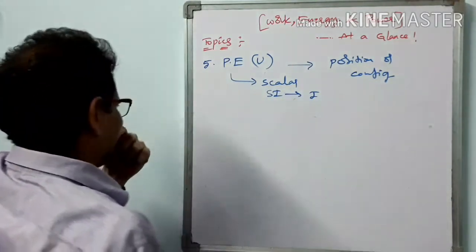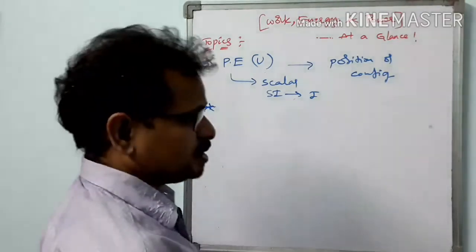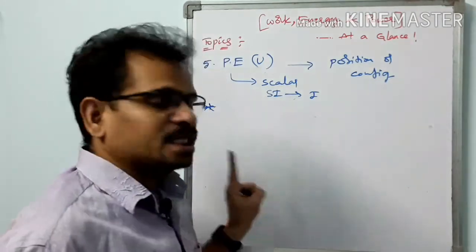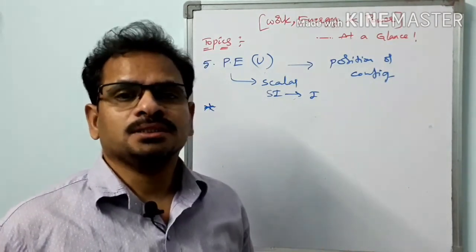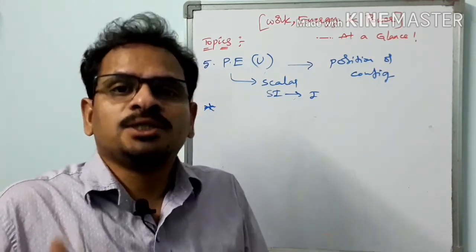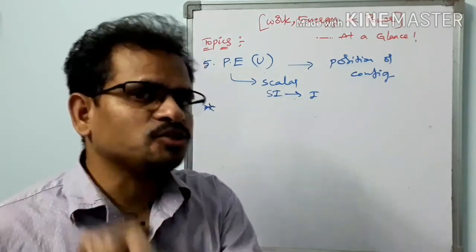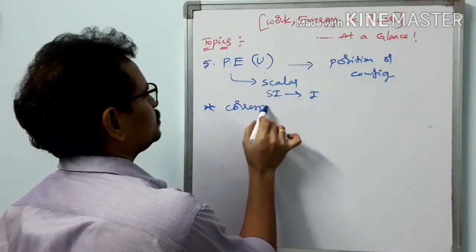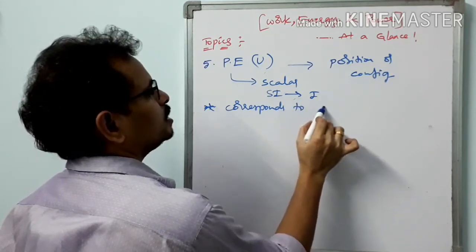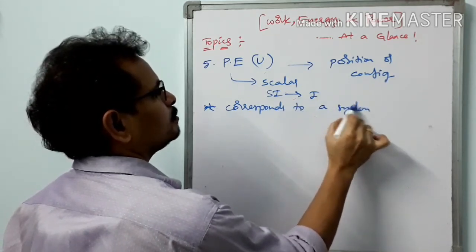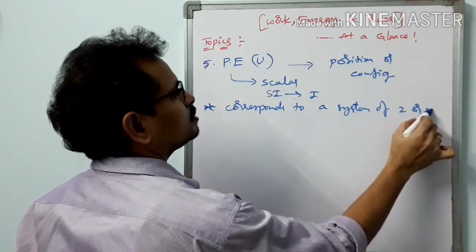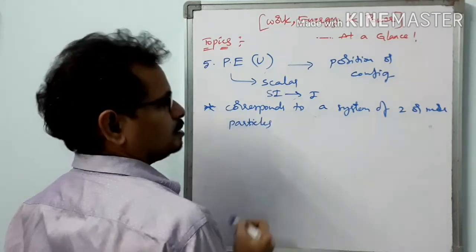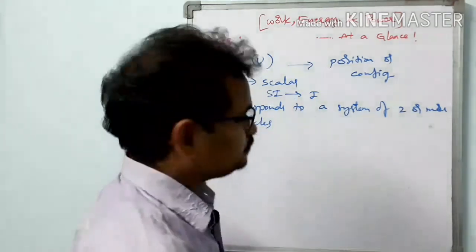Okay. Next, there are some important things which we should keep in mind regarding potential energy. The first one is potential energy corresponds to a system of 2 or more particles, but not an individual particle.